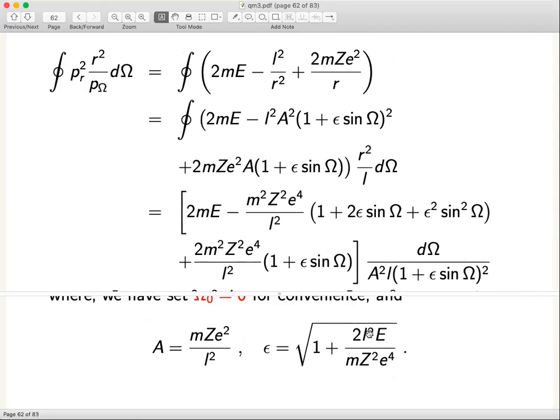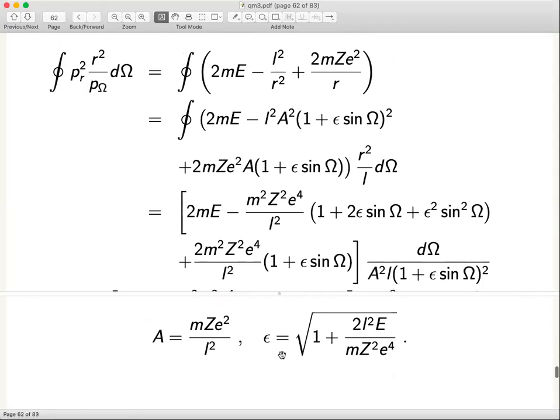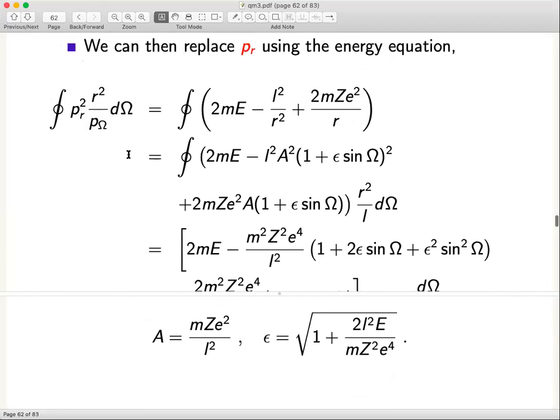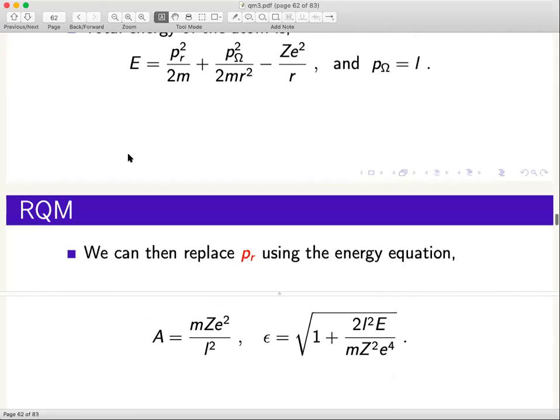A and epsilon are given out here. And 1 over r, sorry, I still have to roll back. So 1 over r is the expression that we have here. And that 1 over r is just 1 over a into 1 plus epsilon sine omega. So that is the expression that we are going to substitute.